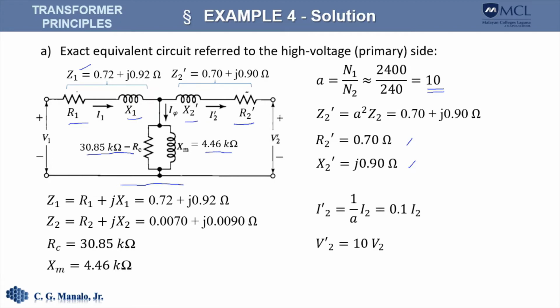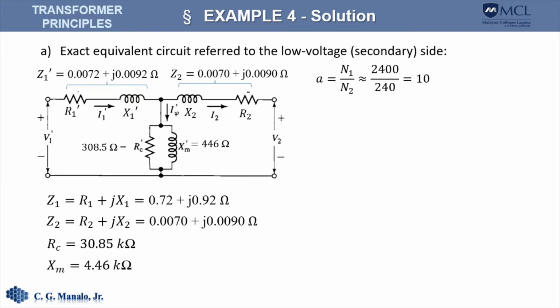Now I sub 2 prime can be computed from this formula, and given the turns ratio, it means that I sub 2 prime is simply 1/10 of the secondary current, while V sub 2 prime is 10 times the voltage at the secondary output.